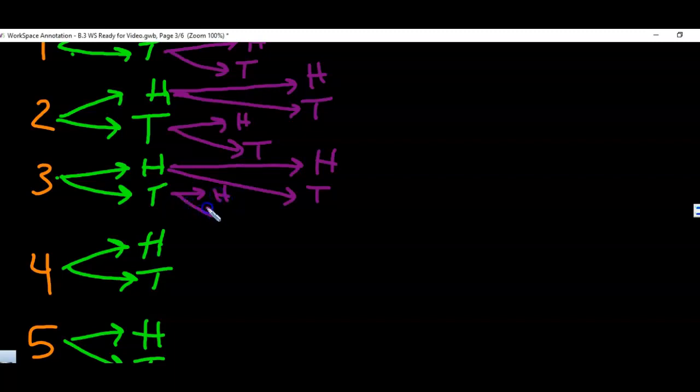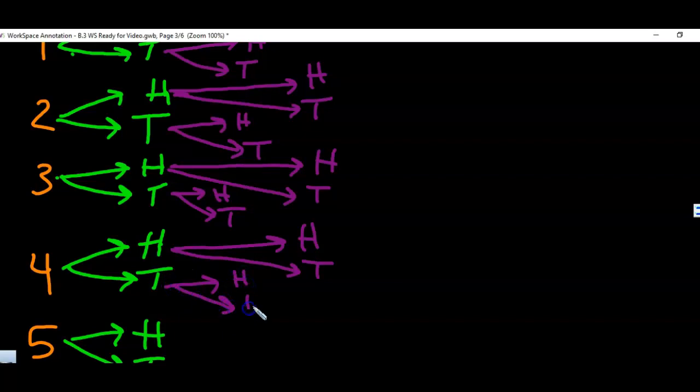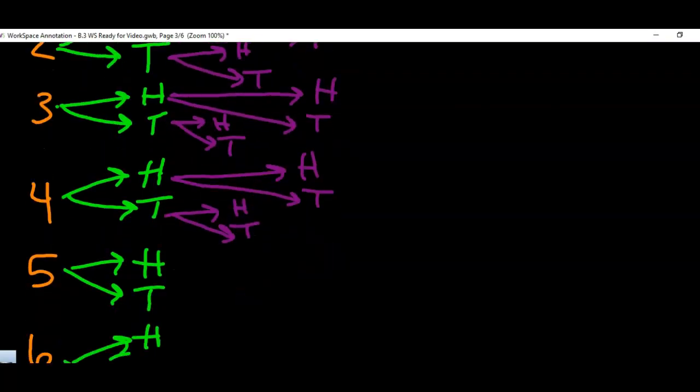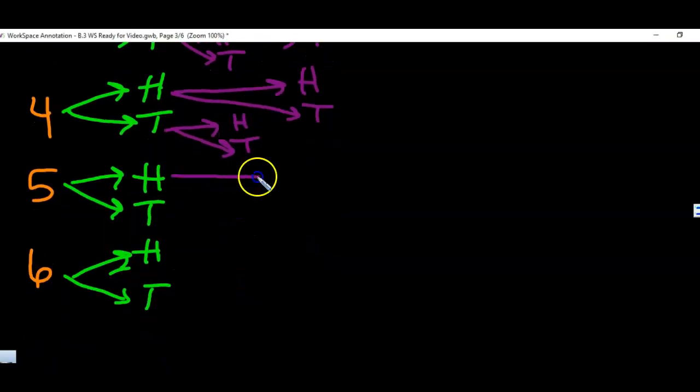It's more tedious work than anything, really, if you think about it. That third choice, or that third event, I'm either going to get a heads or tails. So I have to apply that option to every other possible scenario that I already created.